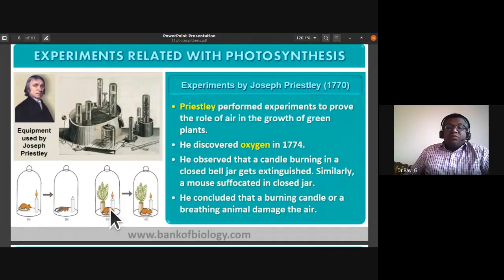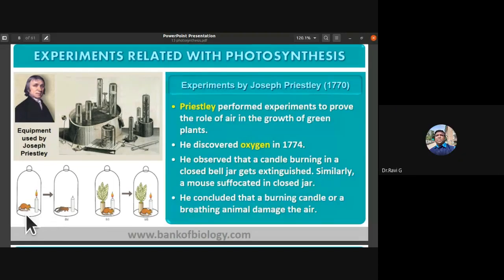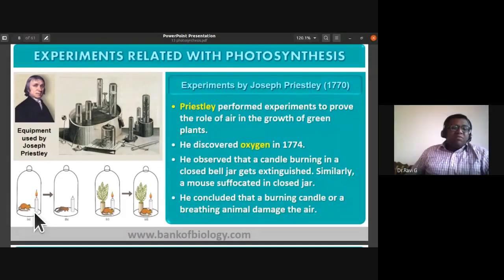So from these two experiments, Joseph Priestley was able to come to the conclusion that the plant was liberating something which was necessary for living organisms to survive, as well as for the candle to stay illuminated for such a long time, which was not possible in the absence of plants. What exactly happened was that when the rat and the lighted candle were placed in the bell jar, they exhausted all the oxygen that was there.